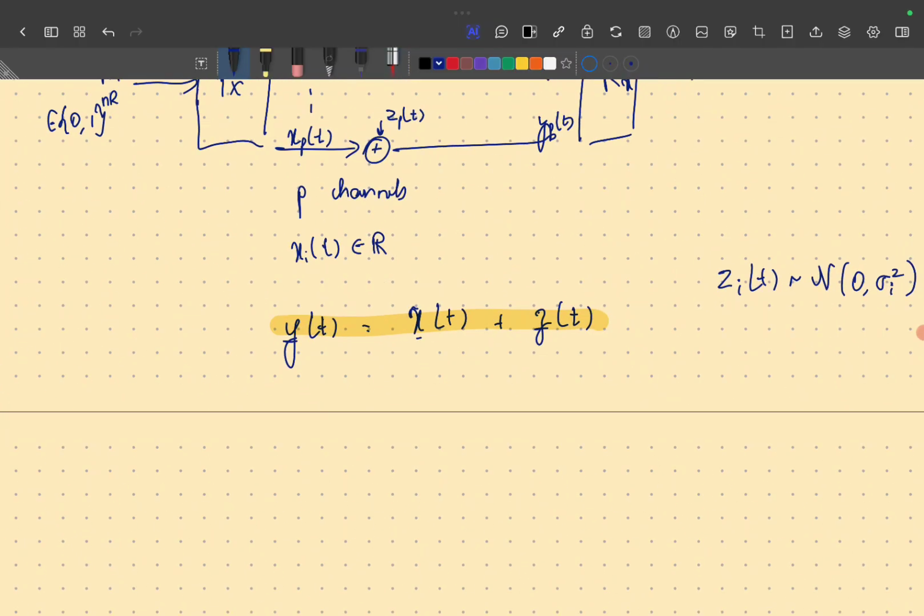And secondly, you also have this total power constraint.